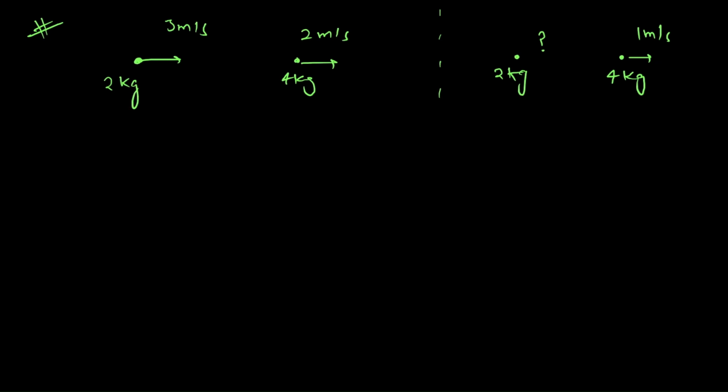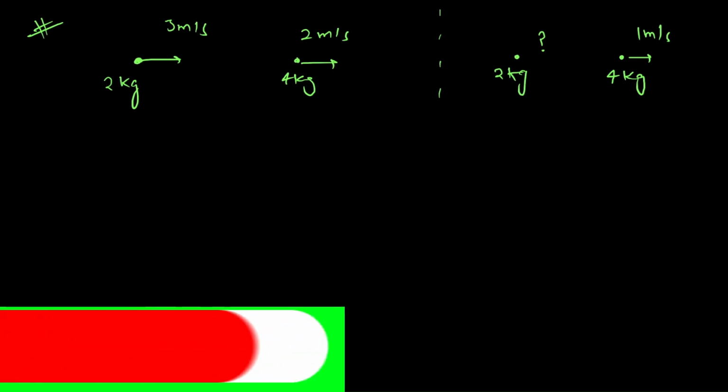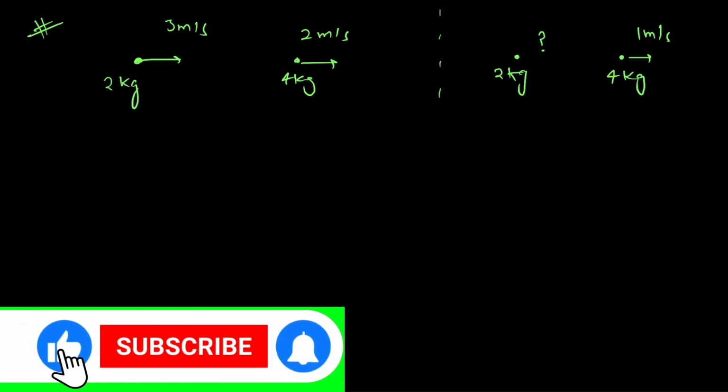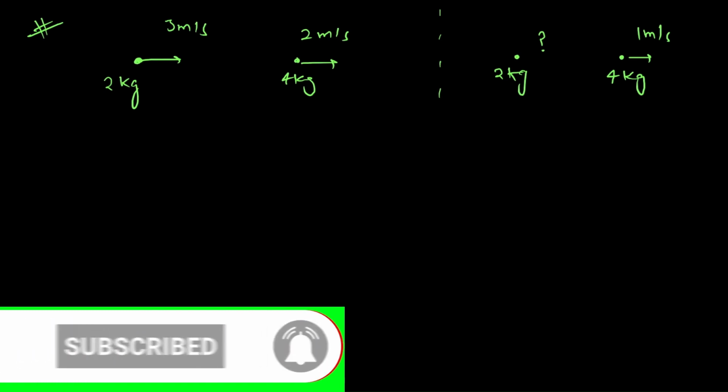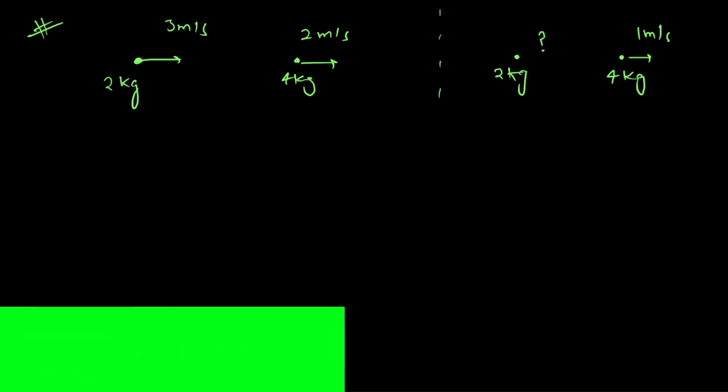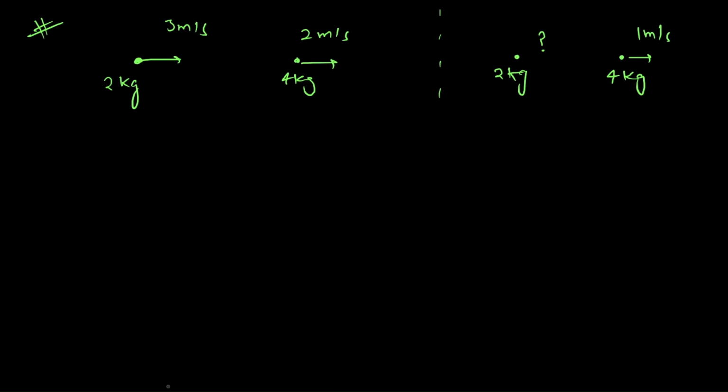So we don't know the 2 kilogram speed, but the 4 kilogram is at 1 meter per second. Okay, so P initial, would that be MV of the 2 kilo plus MV of the 4 kilo? Absolutely. So what is P initial?